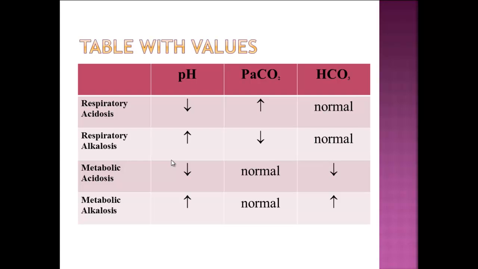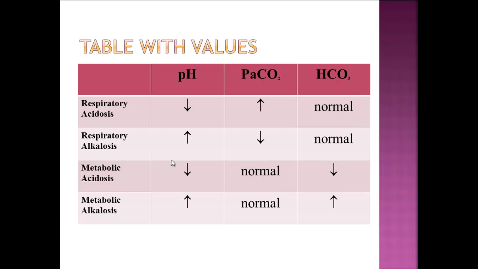If it's respiratory alkalosis, we have the opposite going on, pH rising, PaCO2 dropping, arrows moving in the opposite directions reinforces that it's truly a respiratory problem. For the metabolic issues, pH dropping, bicarbonate dropping, arrows moving in the same direction means it's a metabolic problem.